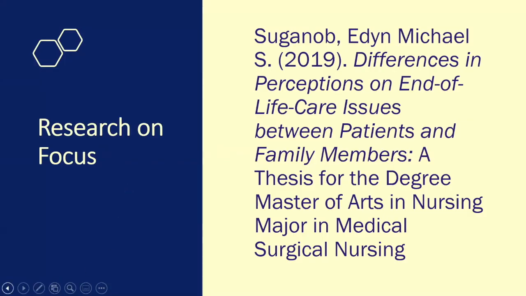Okay, so this one is one study. This is a study of Suganov, also among my advisees in a master's. His study is on the differences in the perception of end-of-life care issues between patients and family members. So our focus here, class, is this.